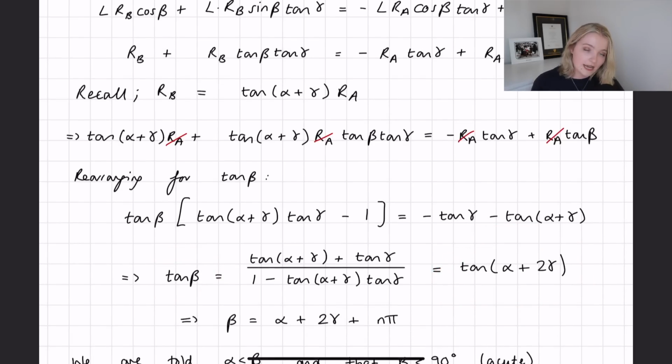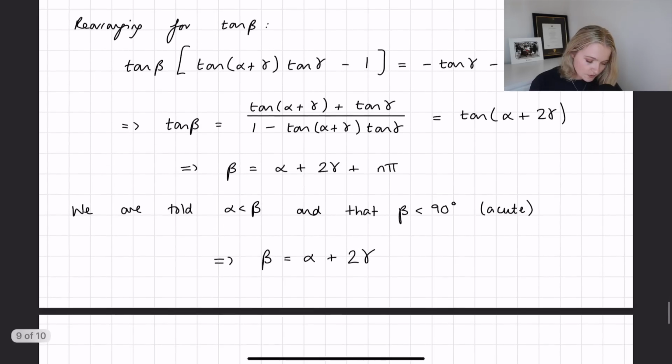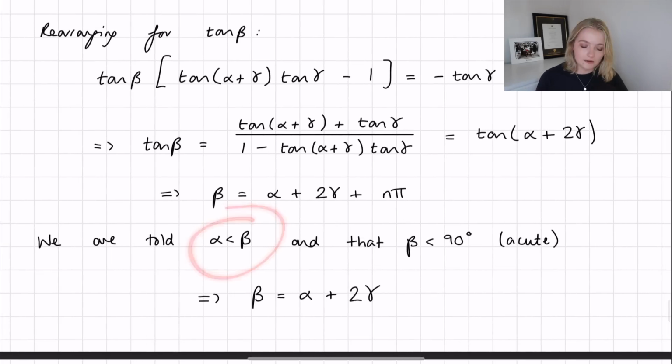Now obviously we have tan on both sides here, tan of something, and so we can deduce from this that beta must therefore equal alpha plus 2 gamma plus n times pi, because obviously that's the repeated period for tan. And by looking at what we've been given in the question, we're basically told that alpha is less than beta. So we know that already. So this is less than beta, perfect.